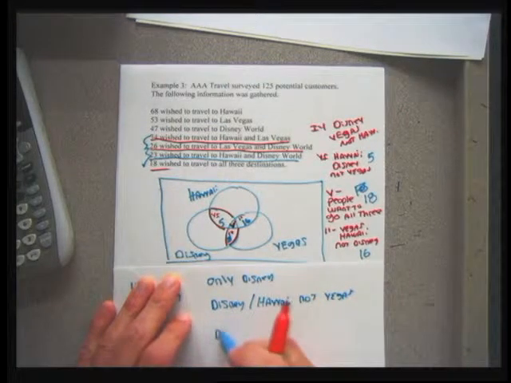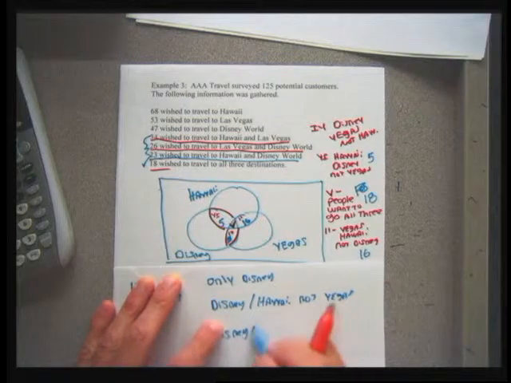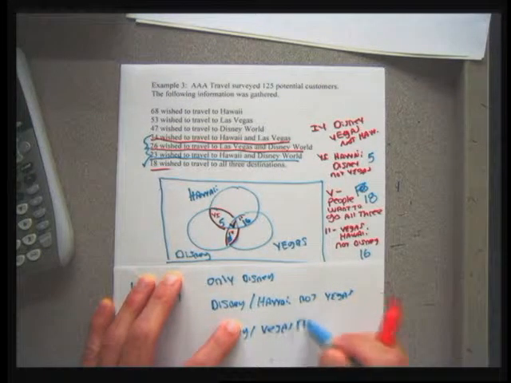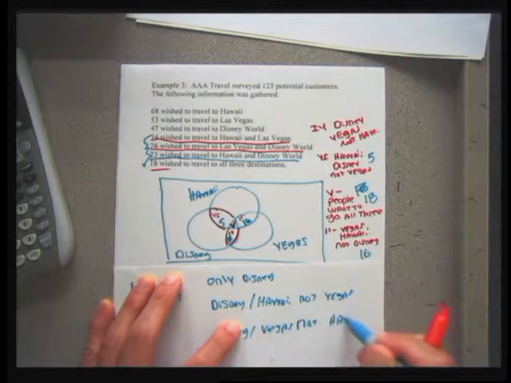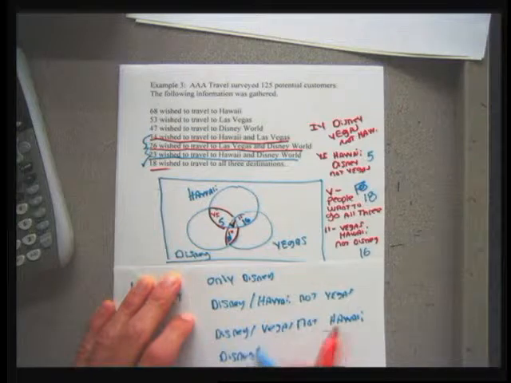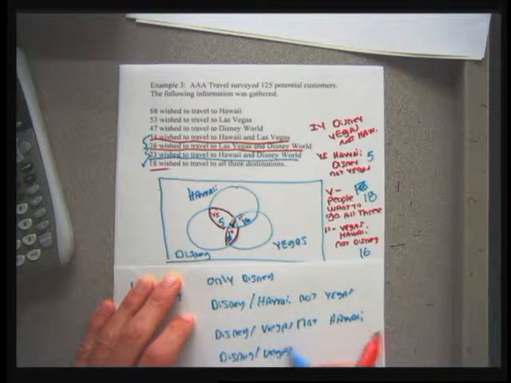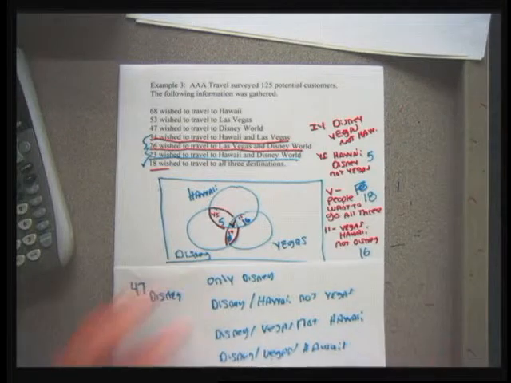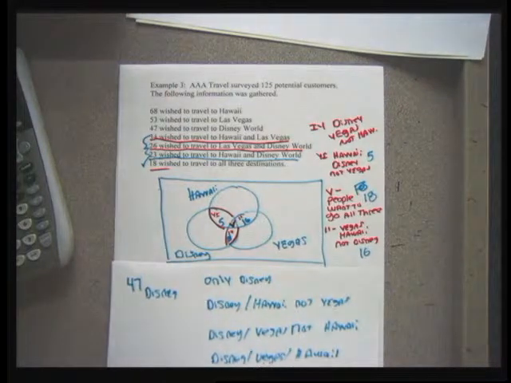It gets broken up into people that want to go to Disney, Vegas, but not Hawaii. And it gets broken up into people that want to do all 3. So it's not specific. That 47 people that want to travel to Disney World, I don't know anything other than they want to go to Disney.